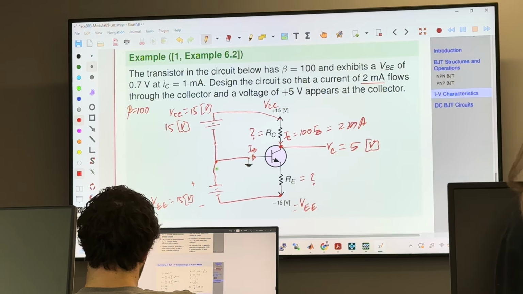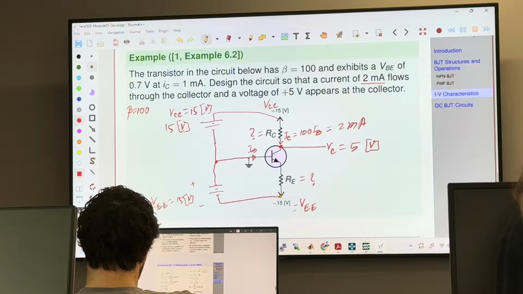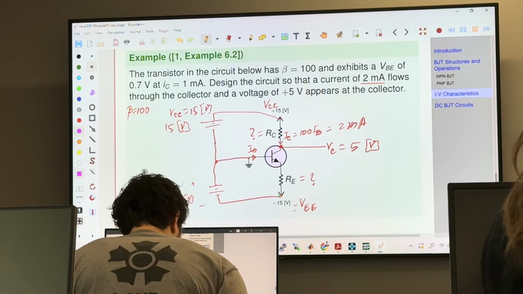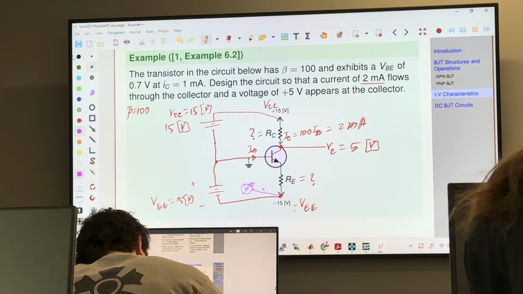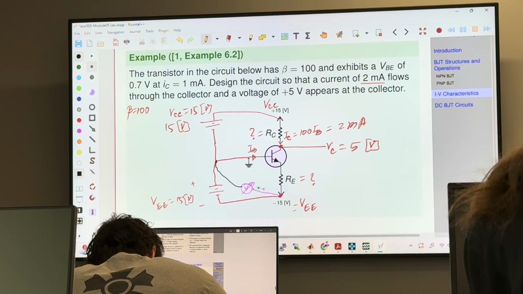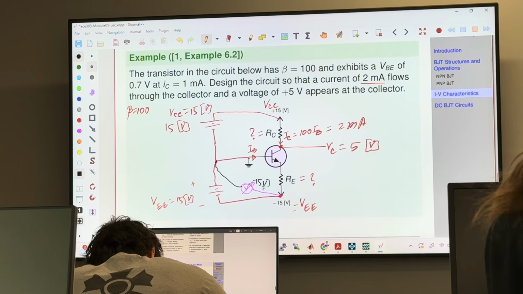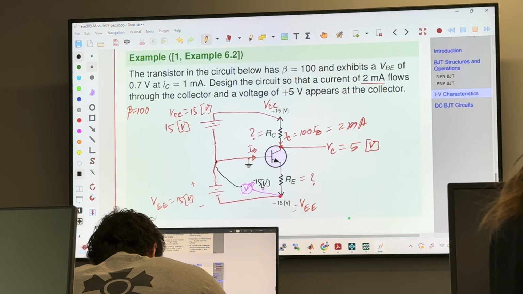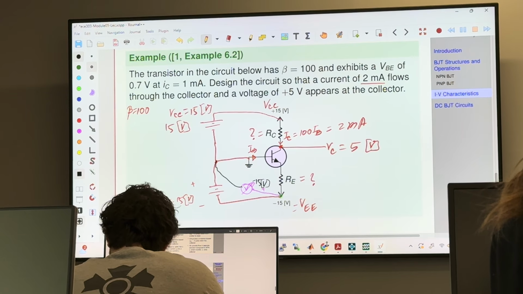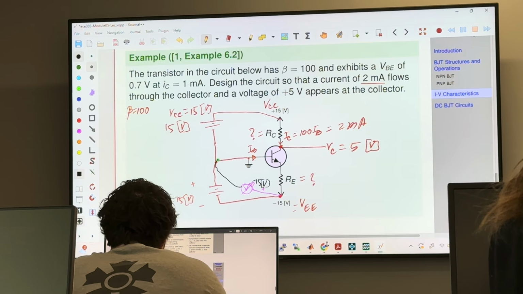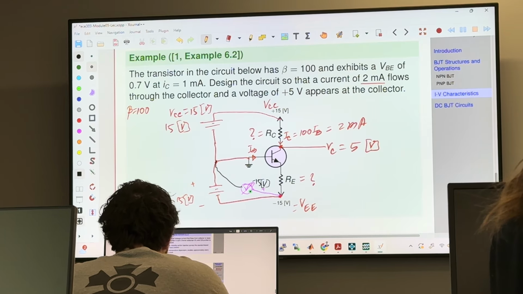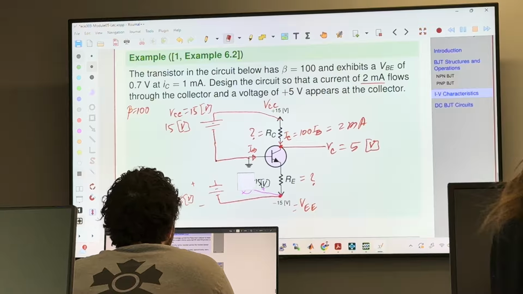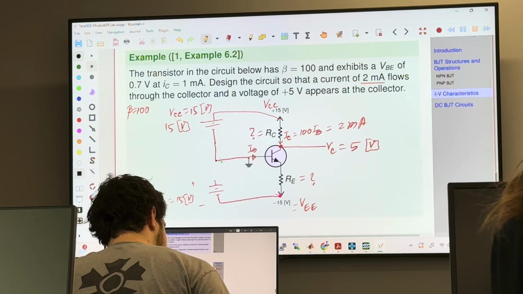So the voltage of this point, with a voltmeter, red lead positive and black lead right here, is going to be negative 15. So the voltage of this point with respect to ground is negative 15, where the battery is connected as such. I'm going to remove this just for clarity.